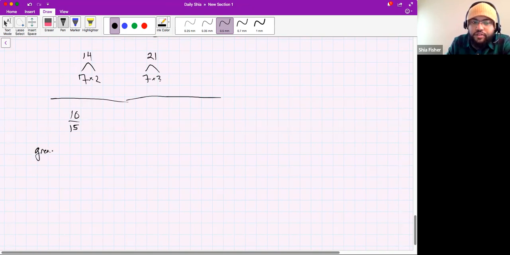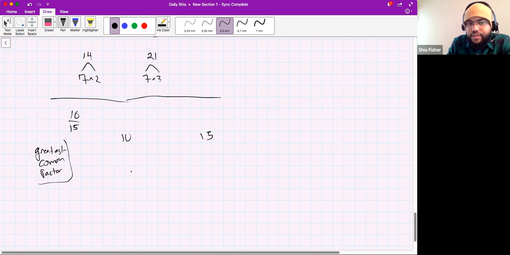New words: greatest common factor. In other words, if there's a 10 over here and a 15 over here, what factors do these two share?